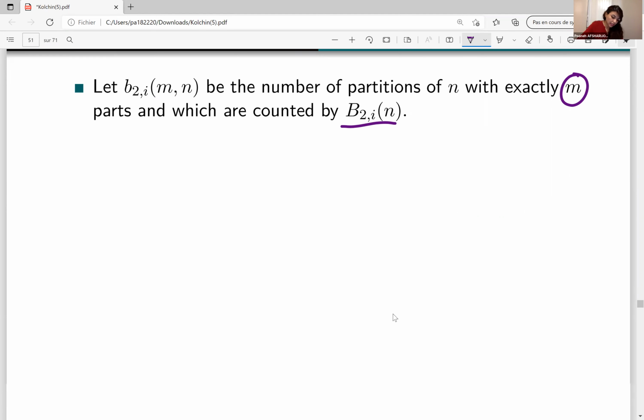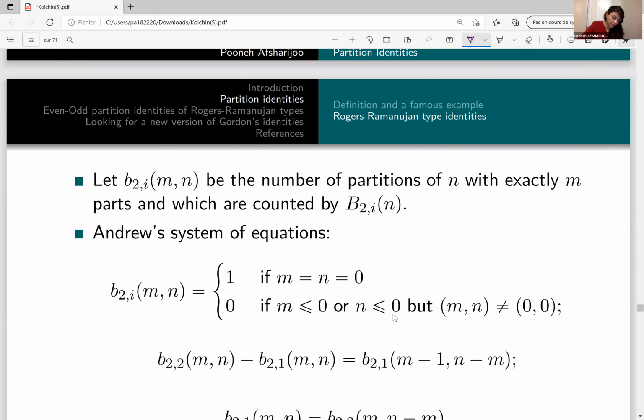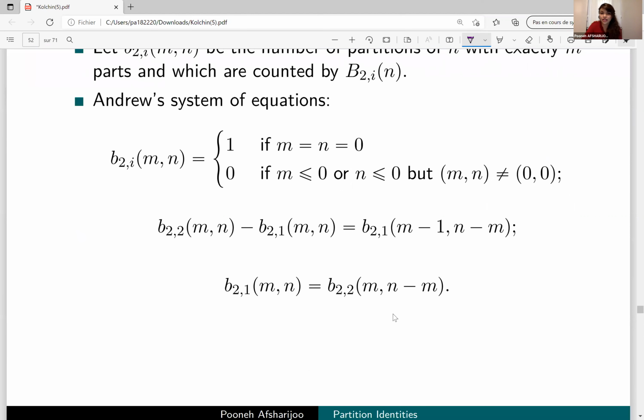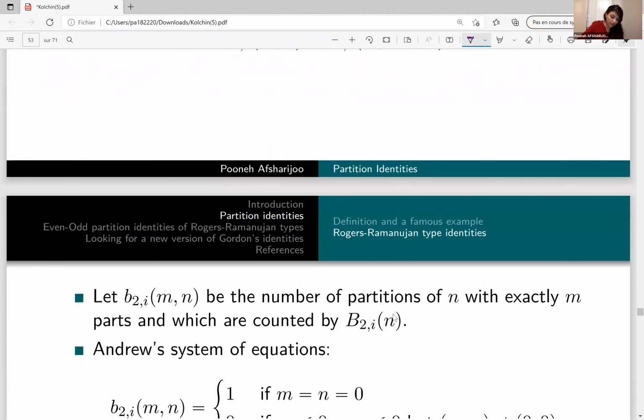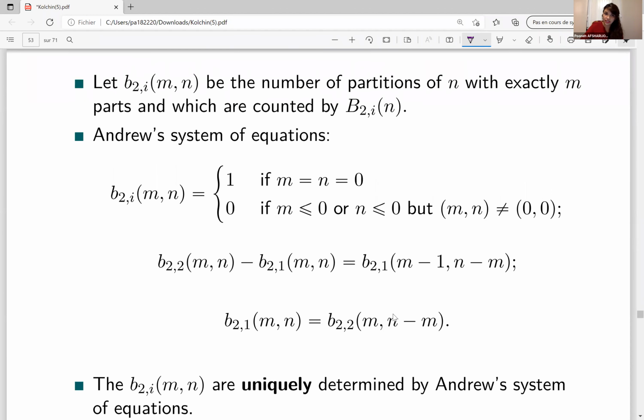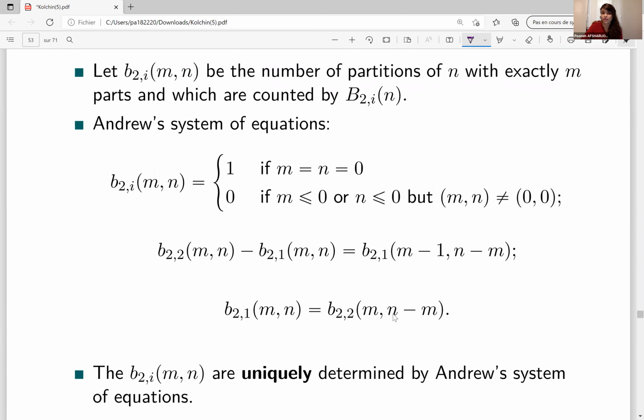And then he proved that b_2i(m,n) verify this system of recursion formulas. And not just that, he proved that the b_2i(m,n) are uniquely determined by this system of equations.